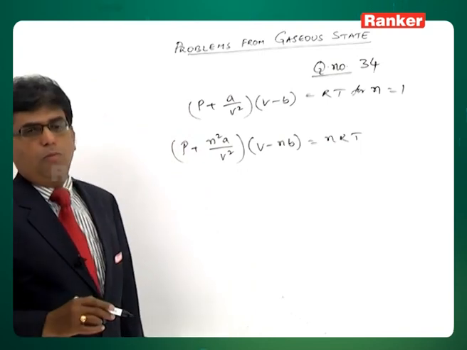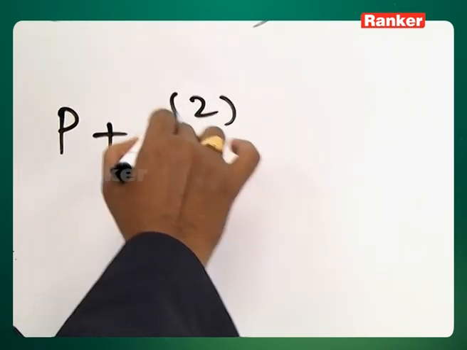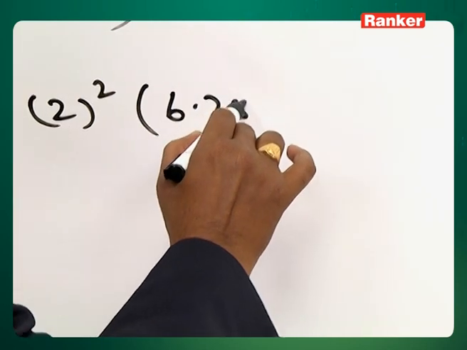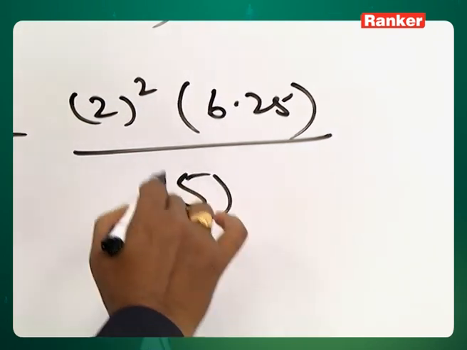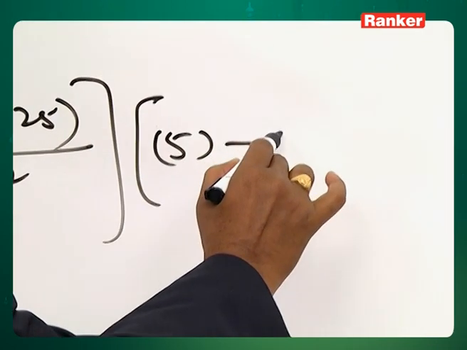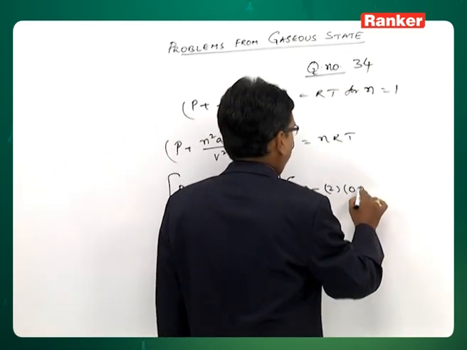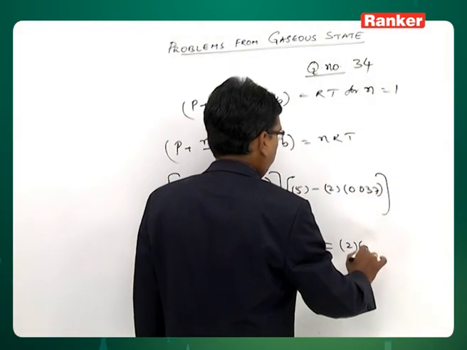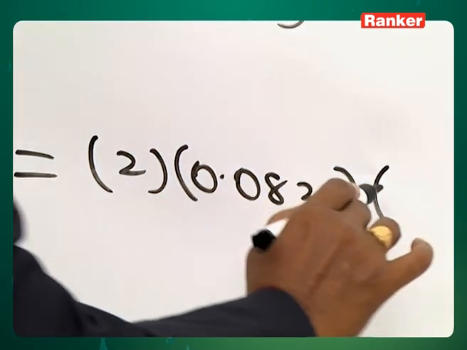Here what we have to find is the pressure P. Plus n square, n is 2 square, a is given as 6.25 per mole, by V square, the V given is 5 liters, into V again 5 minus 2 into b value given is 0.037, is equal to 2 into 0.0821 into T, given as 27 degrees Celsius, that is 300.